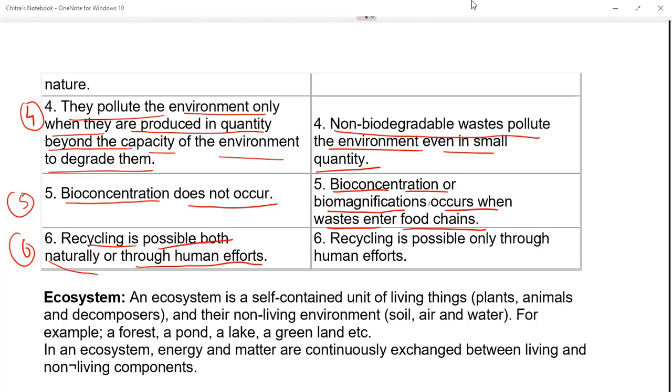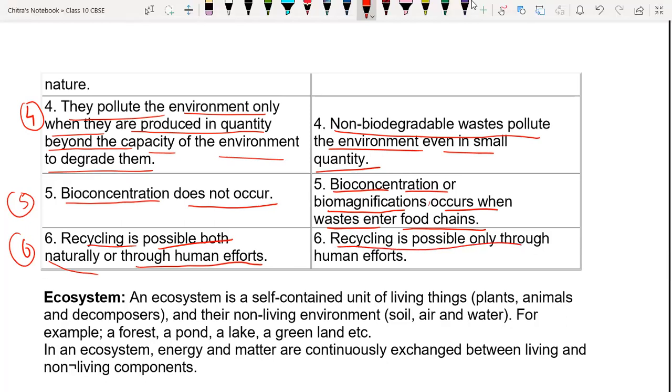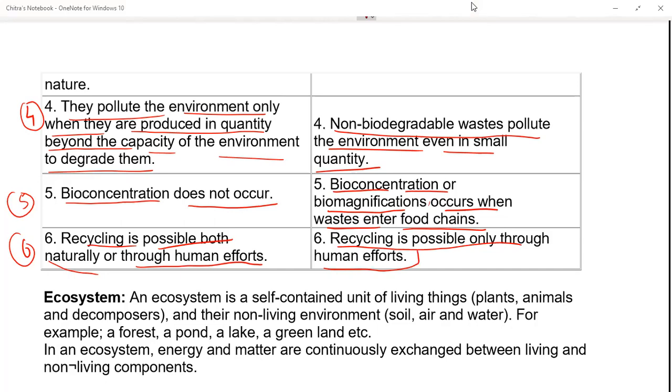After that, the slurry coming out from the biogas plant can be used as vermicompost if we add some worms. The worms will decompose the rest of the slurry and convert it into organic manure, which can be used as a fertilizer or biofertilizer in the farm field. But in case of non-biodegradable waste, recycling is possible only through human effort, not by natural means.